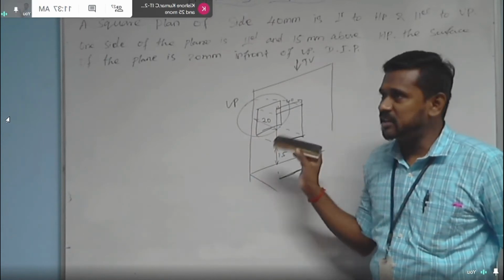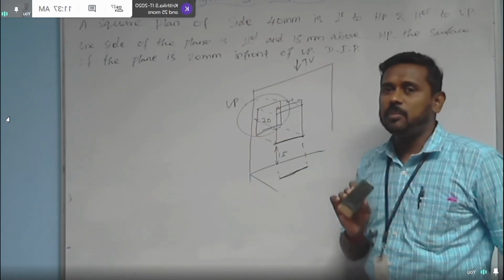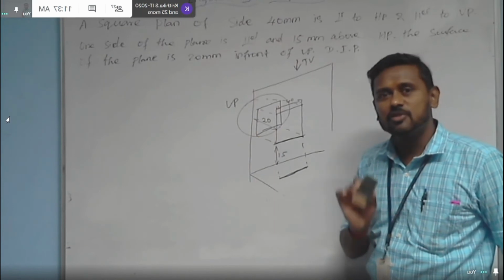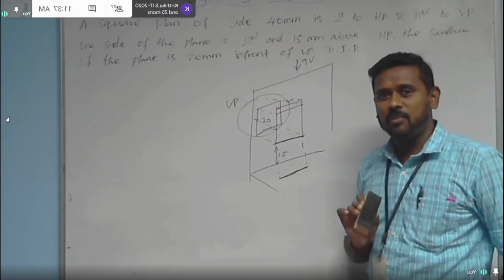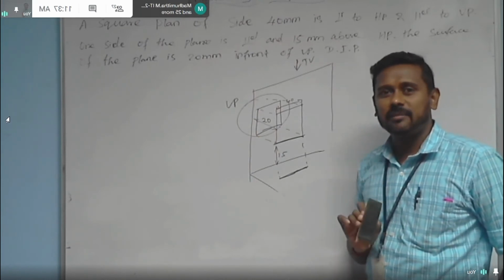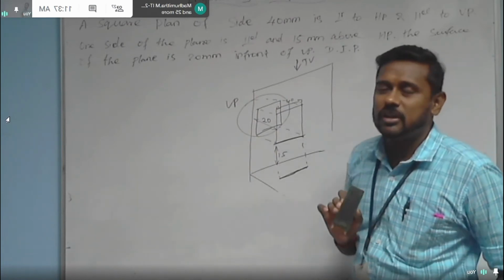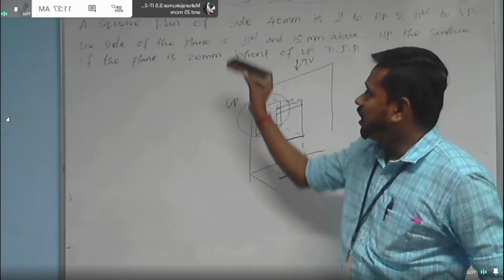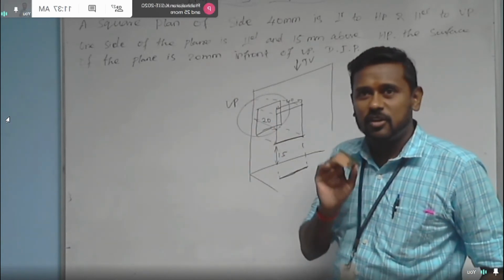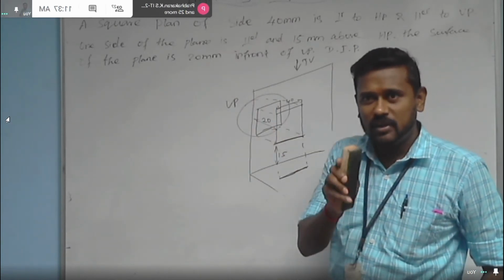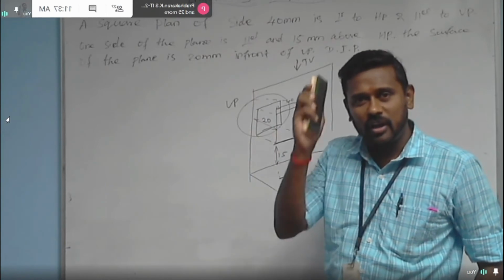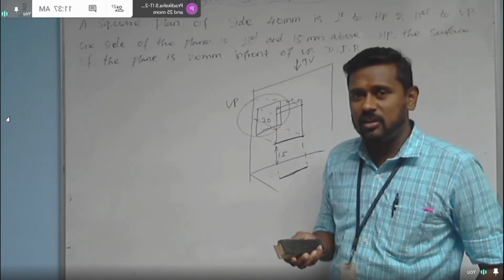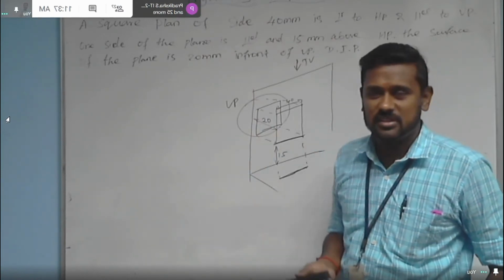It is a square plane. First you need to find out in which view you can see the base, whether in front view or in top view. Thereafter only you can start to answer the rest of the things.